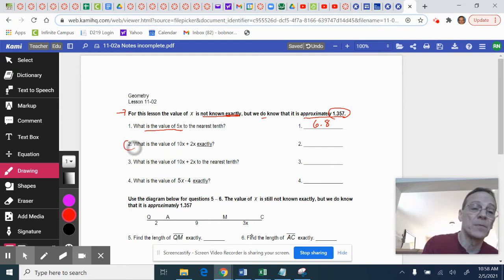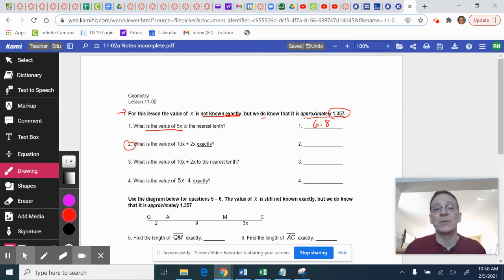This is the one that suddenly people start getting wrong and confused over. What is the value of 10x plus 2x exactly? And a very common mistake is for people to replace the x in those expressions with the 1.357, calculate some result, write down a number, and be pretty happy with that.